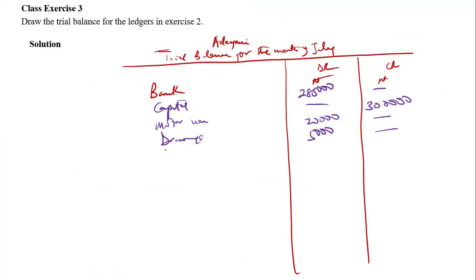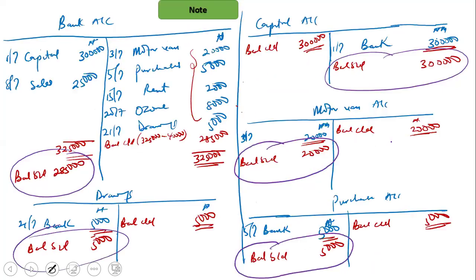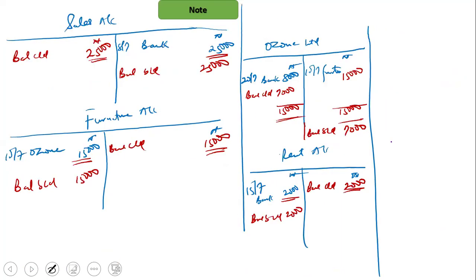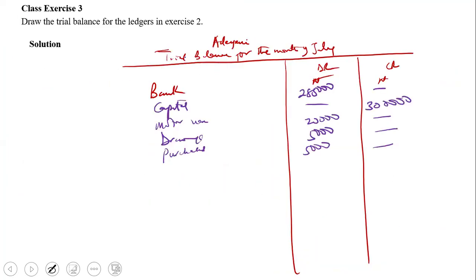So bring it here for purchases, 5,000. Then after that, we also have sales, which has the credit balance 25,000, go to the credit side, 25,000.